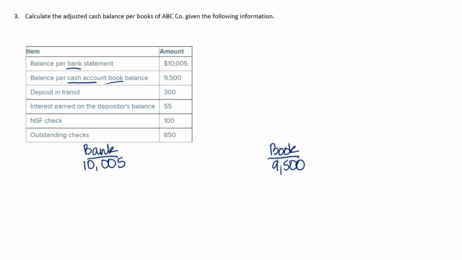The next item is deposit in transit. These are already recorded on the books by the company, so you have to adjust the bank balance. Deposits are an increase, so you'll add $300 as a deposit in transit.